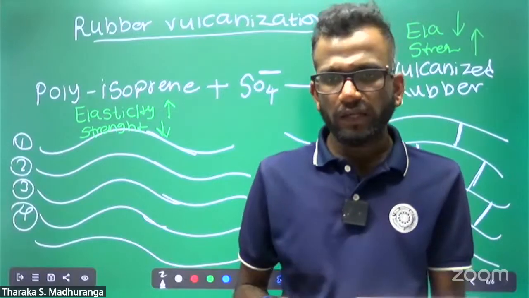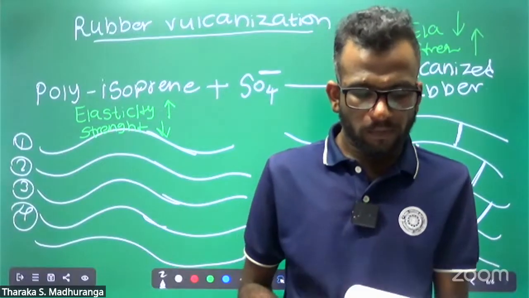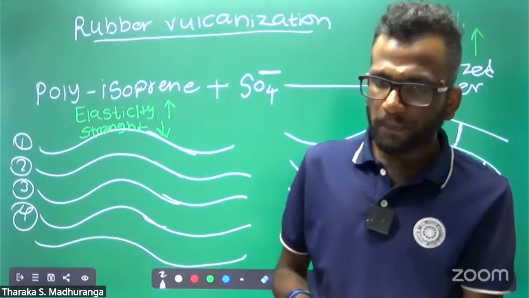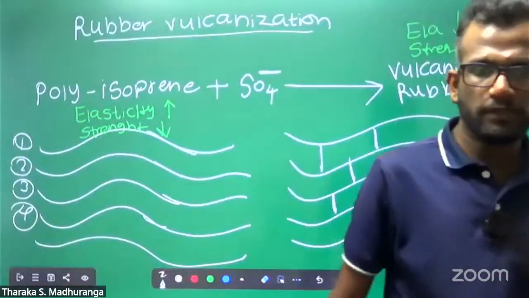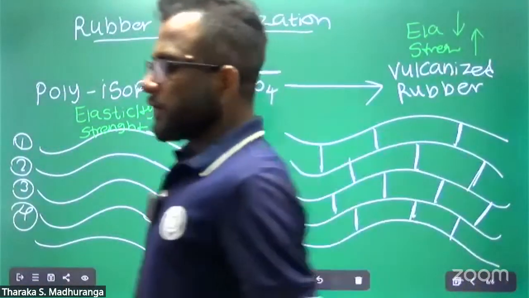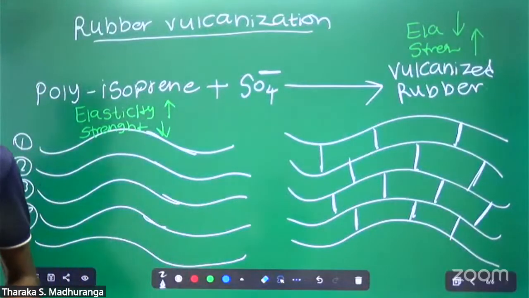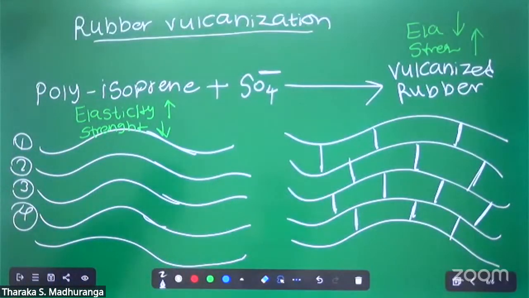Okay, actually 70% of the lesson is complete. We're going to discuss artificial polymers. The natural polymer part is completed. Are you tired? Any doubt? We'll finish this lesson, no?